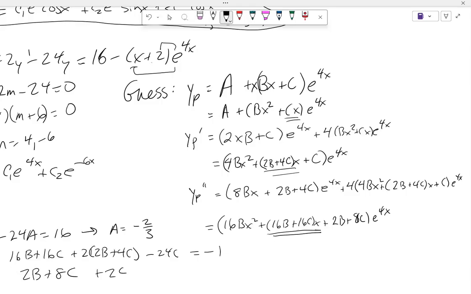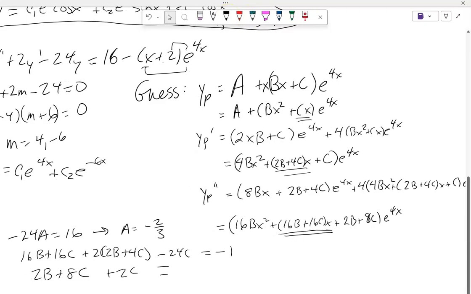Because I got to multiply by 2 for the derivative. 2b plus 8c, constant part in the second derivative. There's just a c as the constant part in the first derivative, but I got to multiply that by 2. There is no constant part here. What does that have to equal? Negative 2, good. That's this part up here.